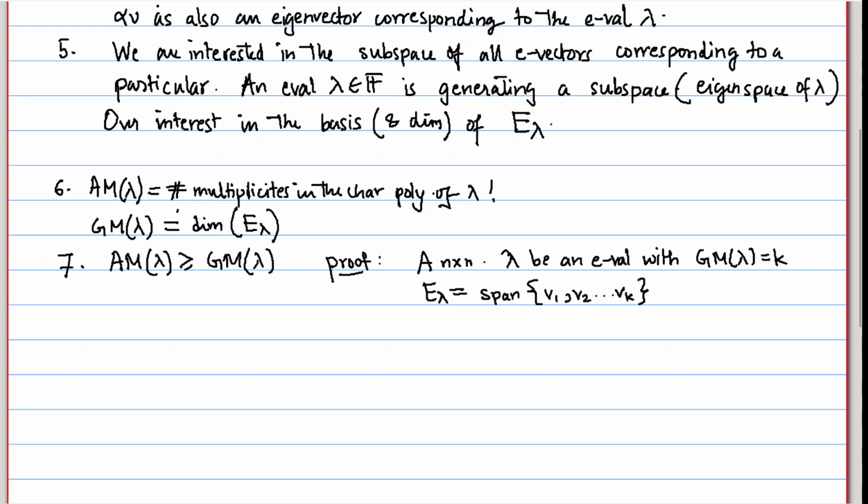Now by Gram-Schmidt, we can say that this E lambda can be written as the span of u1, u2, dot, dot, dot, uk. What is special about these ui's is that this is an orthonormal set, okay?